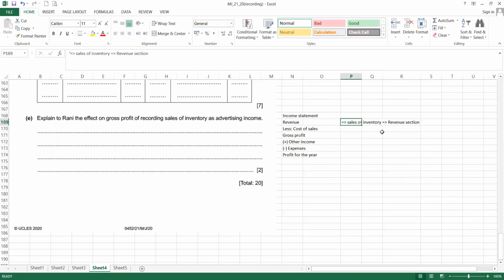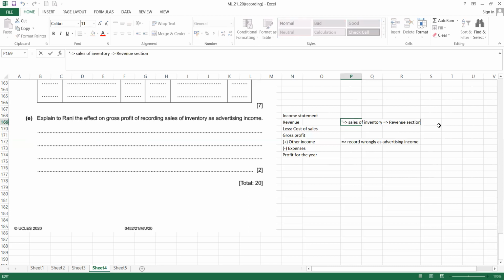This should be the revenue section. But we went and put it into other income, recorded wrongly as advertising income. So what happened to this amount when you recorded it here?